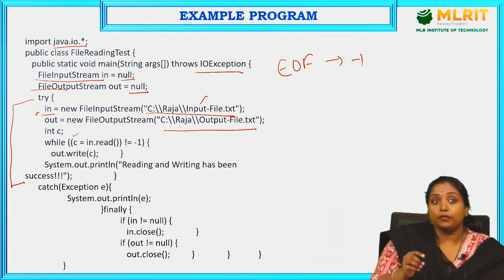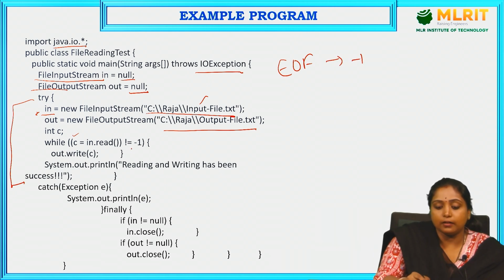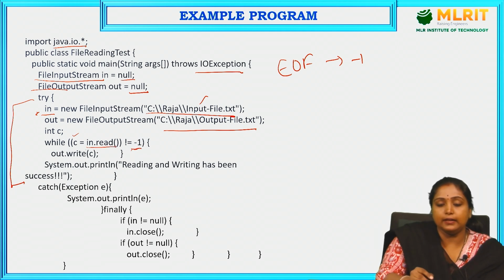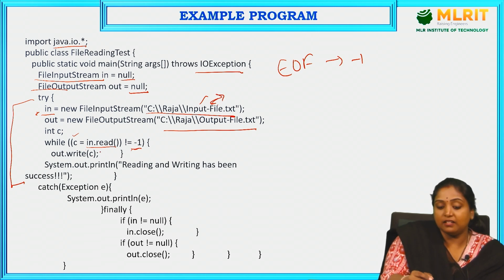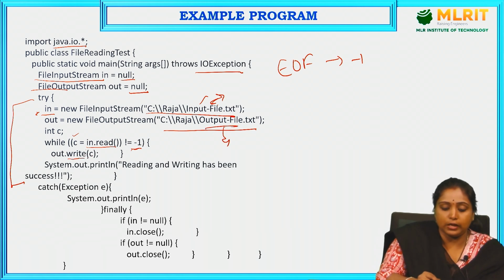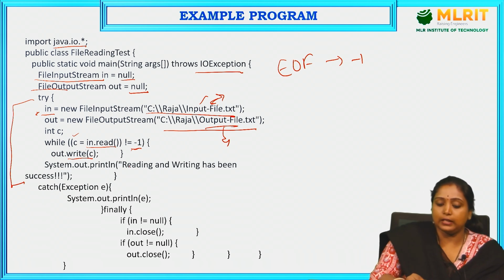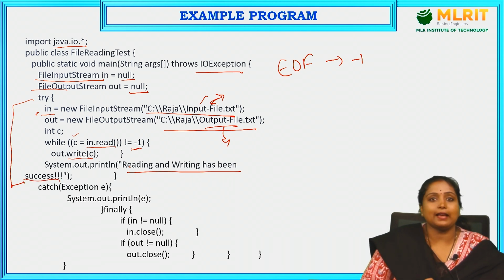So, until then, we read byte by byte with c equals in.read, and write c using the write method. We open the input file, read byte by byte, and write into the output file using out.write. For reading you use the read method, for writing the write method. After completion, we give a message: reading and writing has been successful.